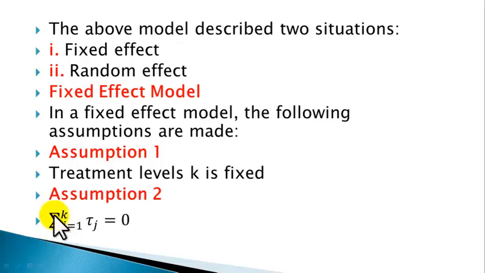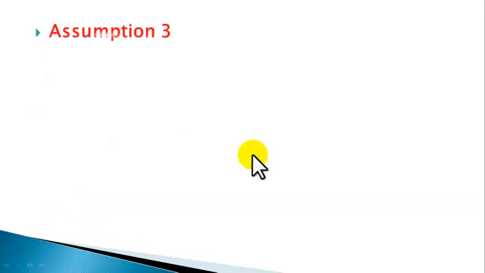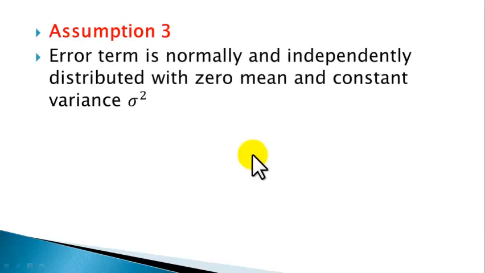That is, the sum of tau j as j goes from 1 to k is equal to 0. Assumption 3: the error term is normally and independently distributed with zero mean and constant variance sigma squared.